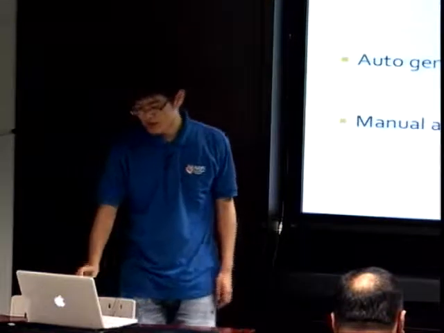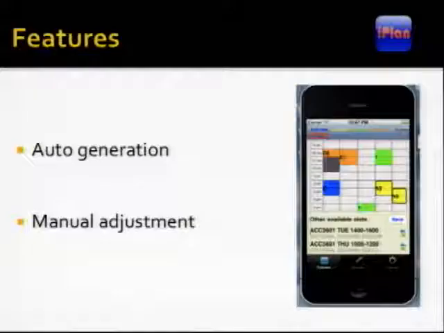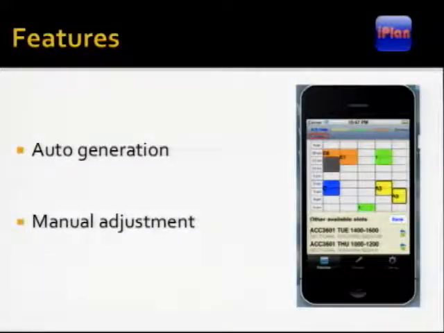Okay. After we select the active modules, we come to the calendar view, which is the main page that builds a timetable. First, it will auto-generate a no-clash timetable, and if no possible solution is found, it will pop up an alert view.